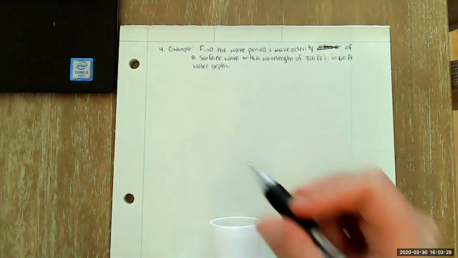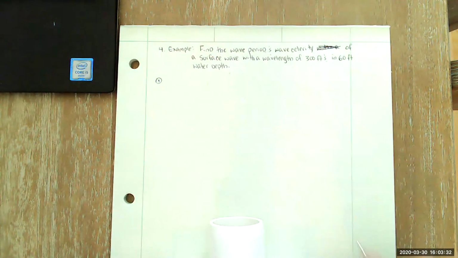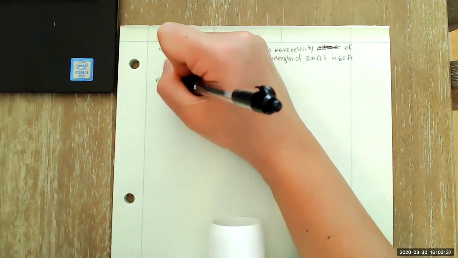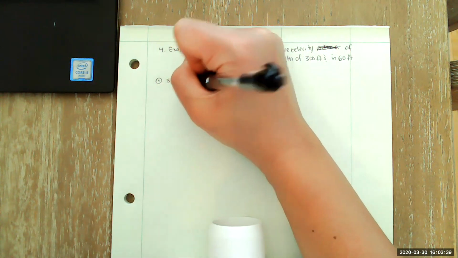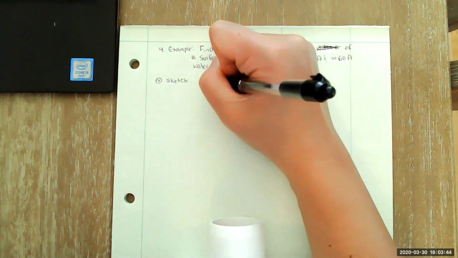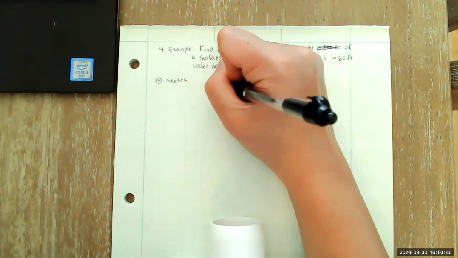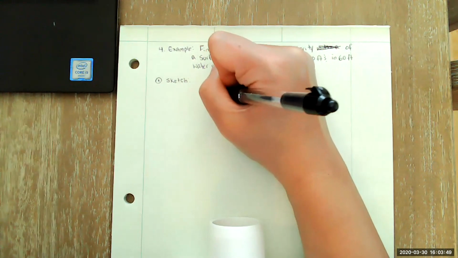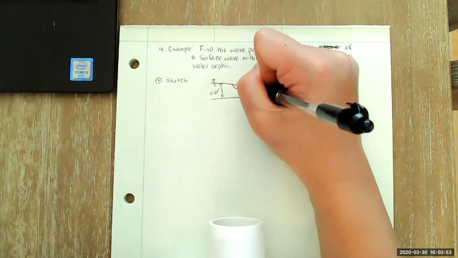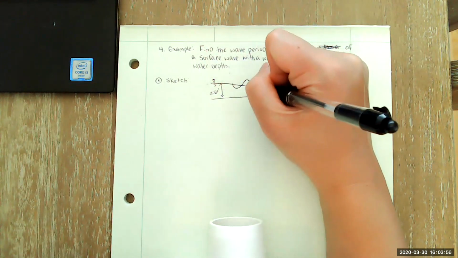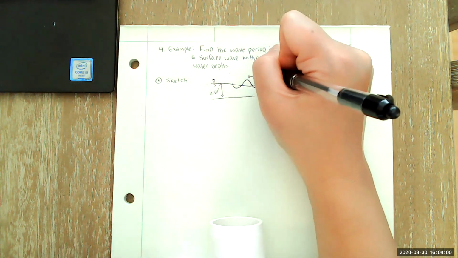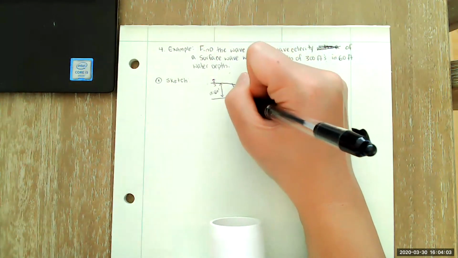Whenever I solve these problems, for whatever reason, I really like to draw a sketch. This is totally optional, but it kind of just helps me to organize what information I have and what I need to find. So if I draw a quick sketch of my wave, here's my water surface elevation. I know my depth is equal to 60 feet, and I know that my wave has a wavelength of 300 feet.